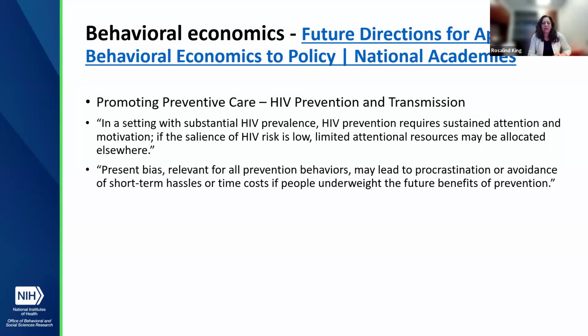The second example addresses present bias, again, similar to delayed discounting, the tendency to settle for a smaller reward that is available right now over a larger reward that will not be available until some point in the future. And present bias, relevant for all prevention behaviors, may lead to procrastination or avoidance of short-term hassles or time costs if people underweight the future benefits of prevention. And if you remember about 5-10 minutes ago, I was reading a quote by someone about the hassles of going to get an IUD.